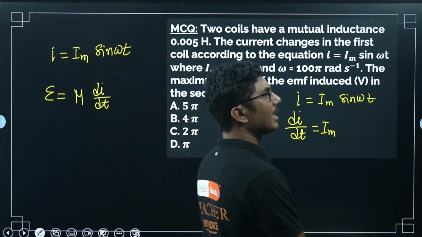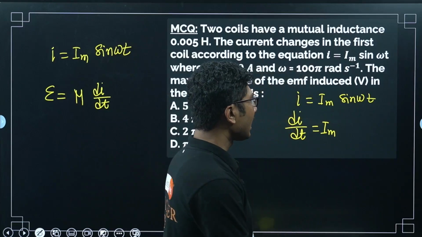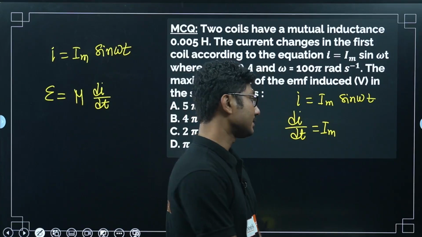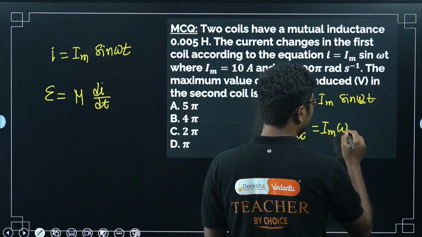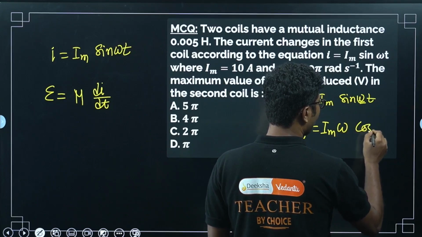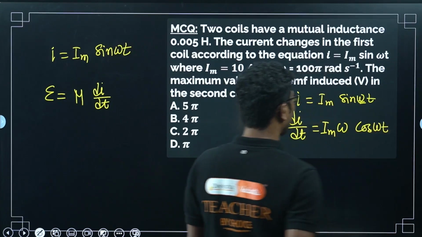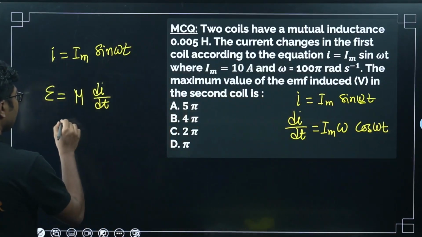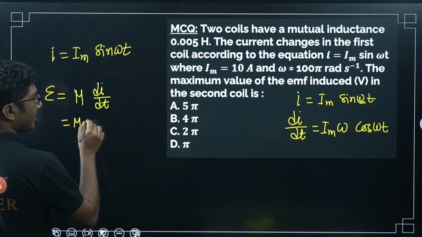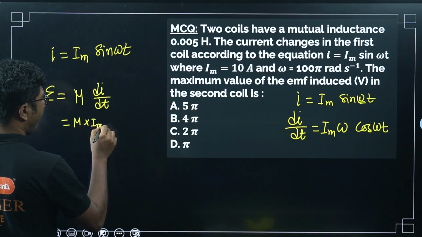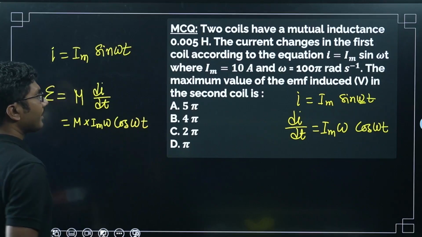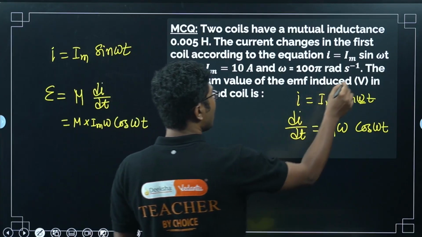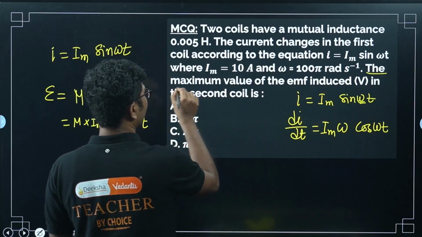Differentiation of sin theta is cos theta, right? Yes, cos theta. There is a constant here, so the constant will come out. So it will become cos omega t, right? So mutual inductance times Im omega cos omega t.